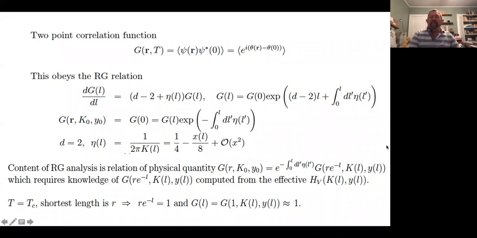Then we have to evaluate this new correlation function at some carefully selected value of L. Now the point is, if we're at Tc, the shortest length scale is just R of L, the distance at length scale L, which is equal to the original distance times e to the minus L. And we can choose this value of L such that R e to the minus L is just one lattice spacing.